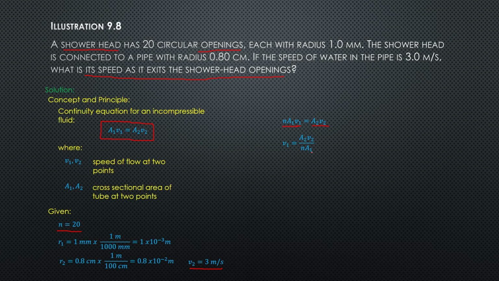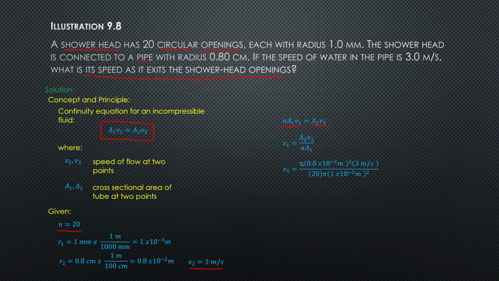Substituting with circular openings and simply a pipe with a radius, you need the area of a circle. That is pi r squared, because the given are in radius.